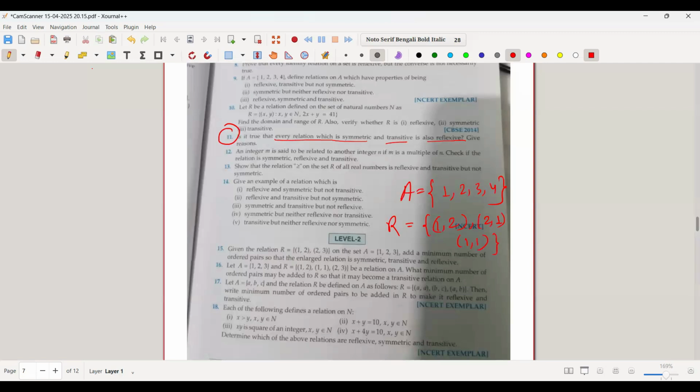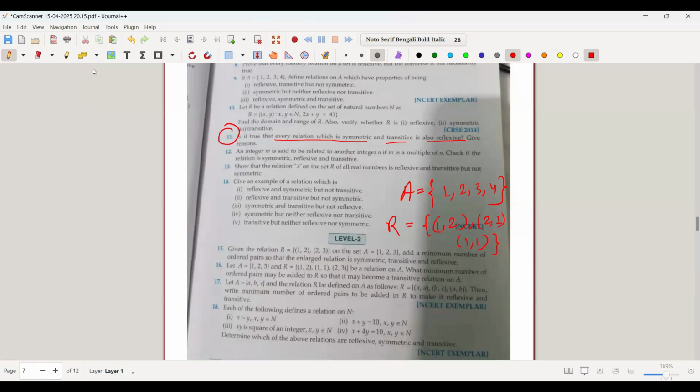This is symmetric because (1, 2) is there and (2, 1) is there, and also transitive because (1, 1) is there, but it is not reflexive because (1, 1) is there but (2, 2), (3, 3) and (4, 4) are not there. So it is false that every relation which is symmetric and transitive is also reflexive.